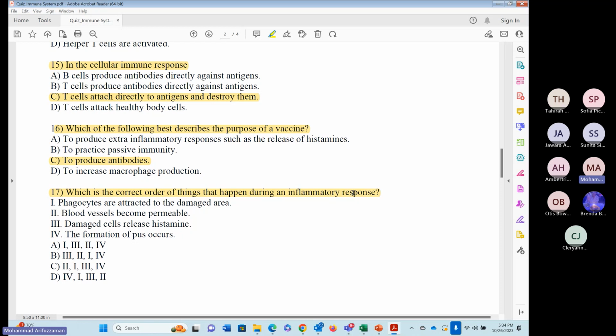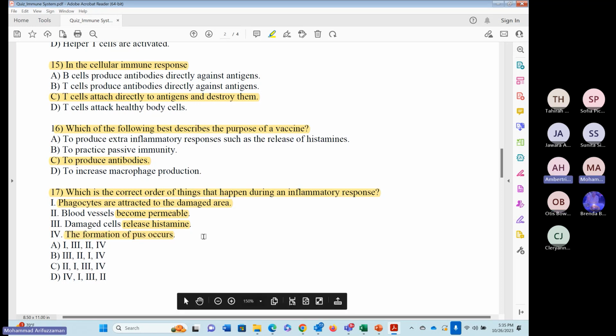The first event: the damaged cells release histamine, as I explained earlier. Then the second effect: the blood vessels become permeable. Then phagocytes like neutrophils are attracted to the damaged area, and the neutrophils fight the pathogens.